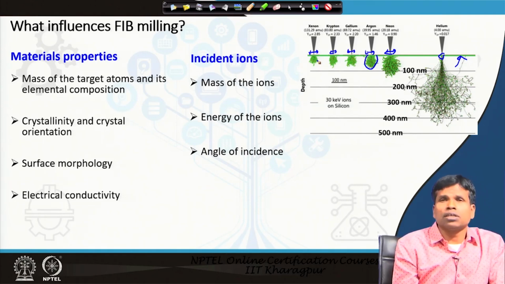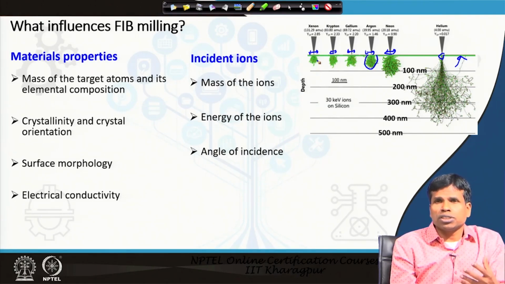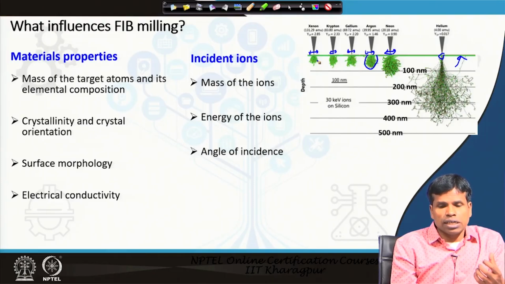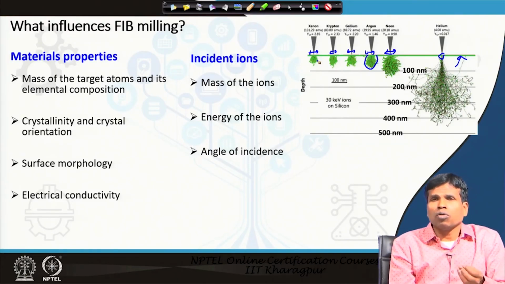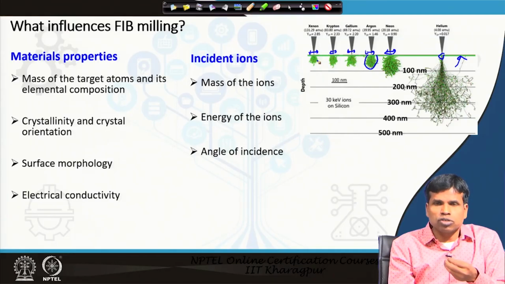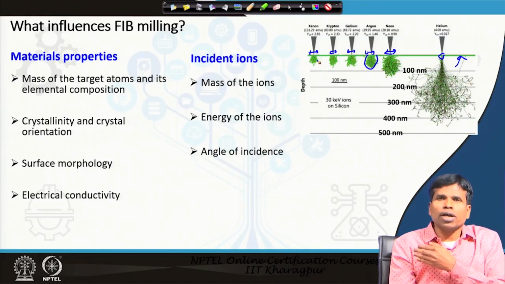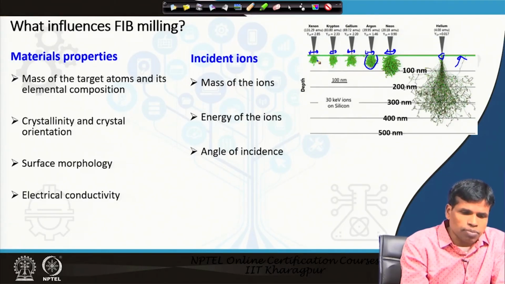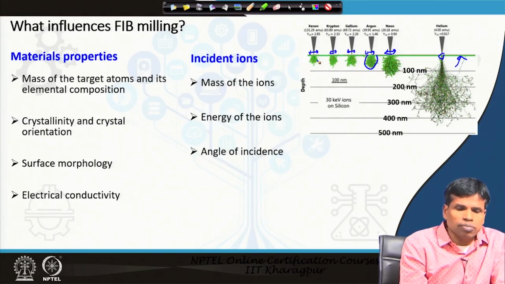Similarly, a specimen may have a composition where some atoms can be easily sputtered away, while other atoms may not be. If that happens, there will be non-stoichiometry in the specimen. The atoms which are easily sputtered away can go away, creating non-stoichiometry. So, these are the effects of the mass of the target atom and its elemental composition.